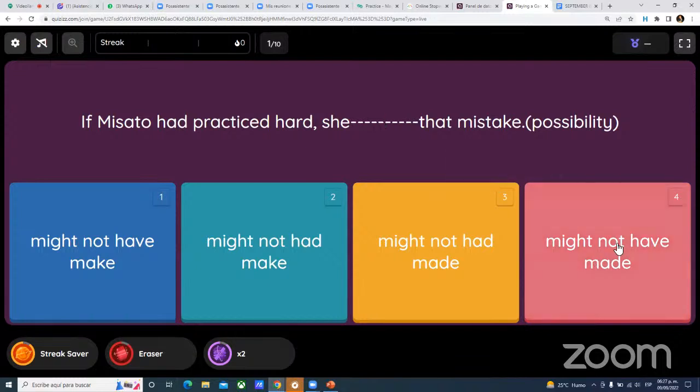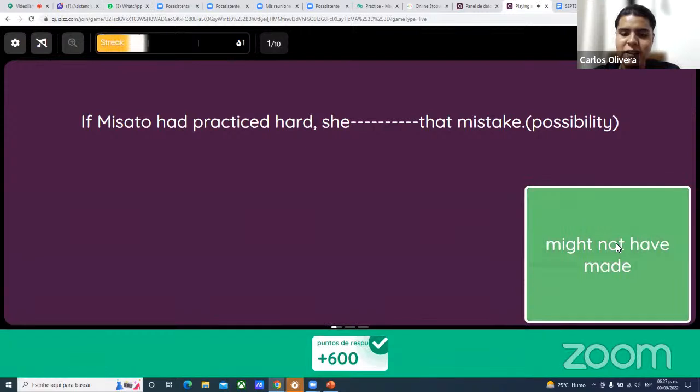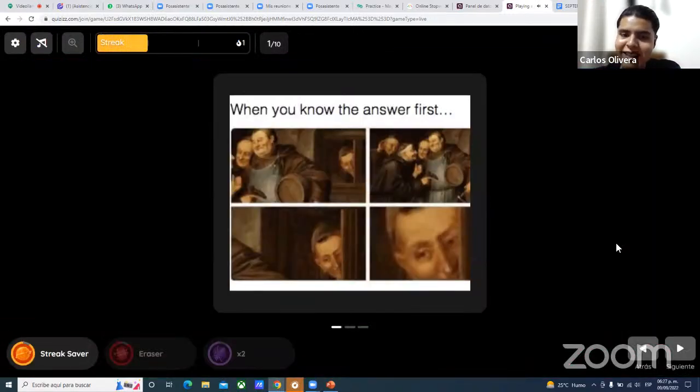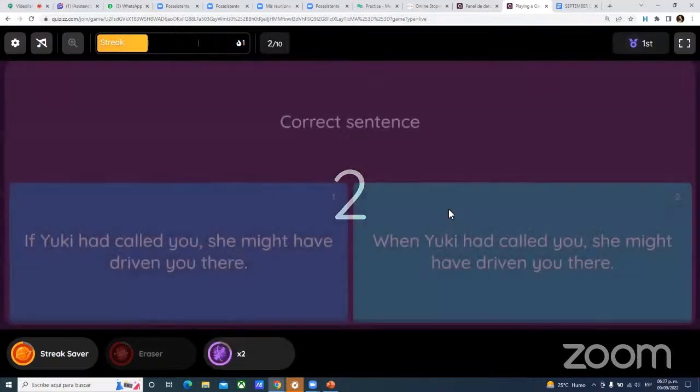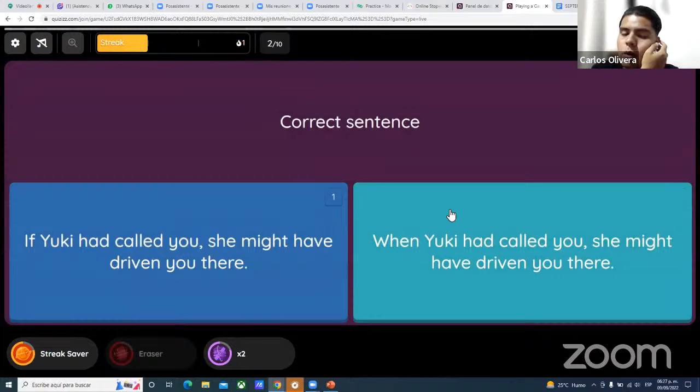All right. Fantastic. There you are. As I told you, it's exactly the same, right? Just changing the word. Very good. Number 2, choose the correct sentence. If Yuki had called you, she might have driven you there. When Yuki had called you, she might have driven you there.